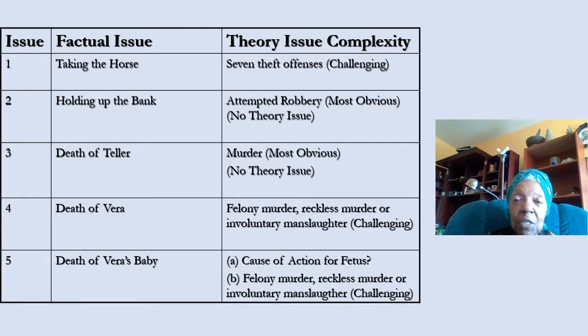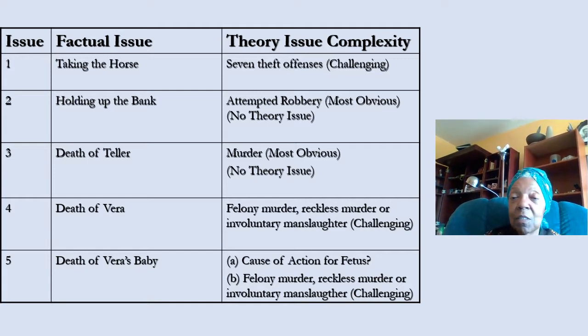So one of the questions you have to ask yourself is, what are the theories you are learning in the courses you are taking? What are the theories in contracts? What are the theories in torts?